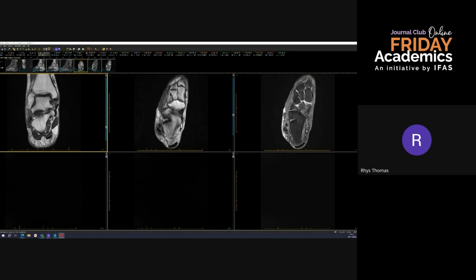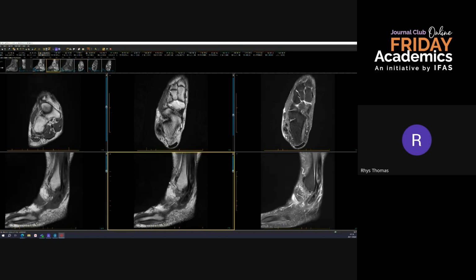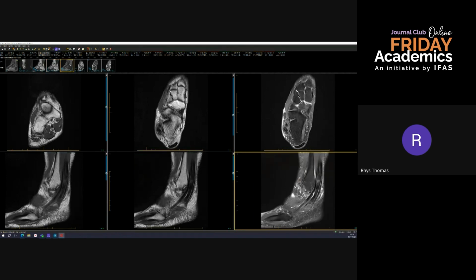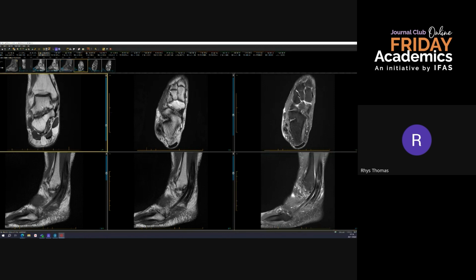So this must be the brevis, and then we'd expect to see the longus come along here into the medial cuneiform, and we're just seeing intermediate structure here, not a tendinous structure, and this is the avulsed component here. So this is a peroneus longus tear, and incidentally, there's a bit of an osteochondral lesion up here.